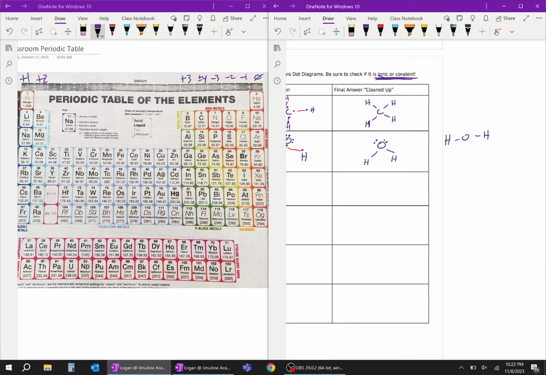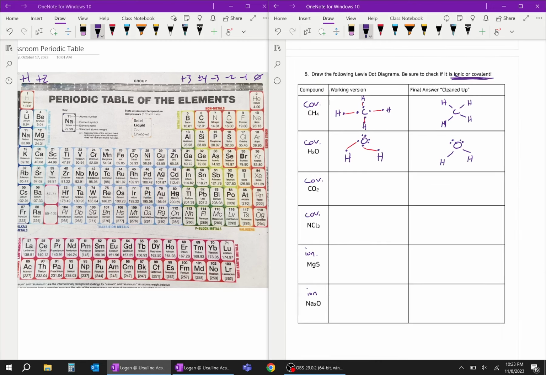Technically, the way I drew it is the most correct, but I'm just interested, do you have 2 bonds and 2 lone pairs around the oxygen? What matters is that hydrogen has a full shell of 2 electrons, represented by the bond, and oxygen has a full shell of 8 electrons, represented by 2 bonds and 2 lone pairs, 2, 4, 6, 8.